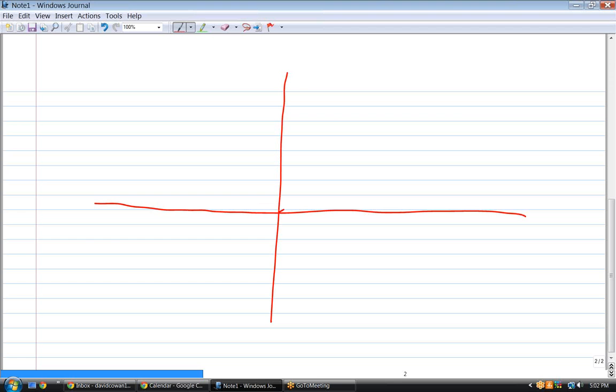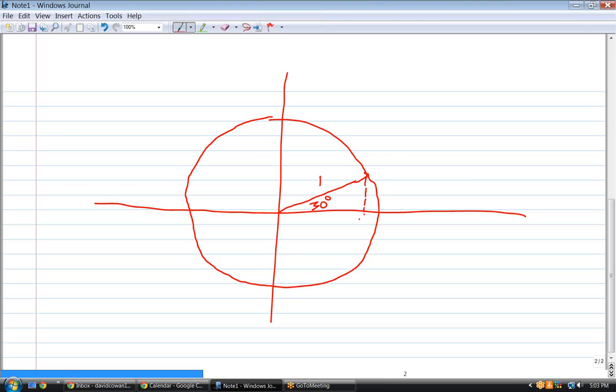So let's take the 30. Let's start with the 30 instead of the 0. We can go back and do the 0 afterwards. Now, since it's a unit circle, that's 1, always. In other words, the unit circle is your first real exposure to polar coordinates. Now, if I drop a vertical right there, then I could say, let's make that y, and this make that x.